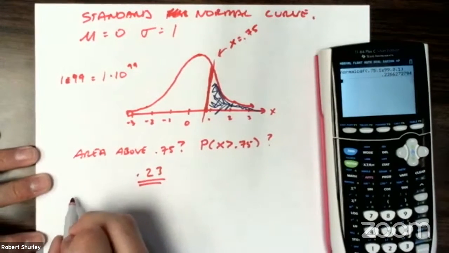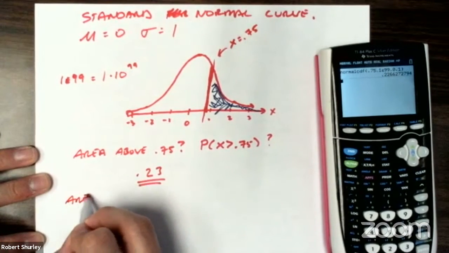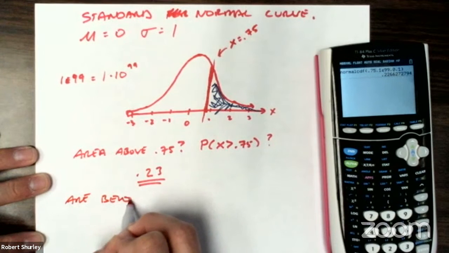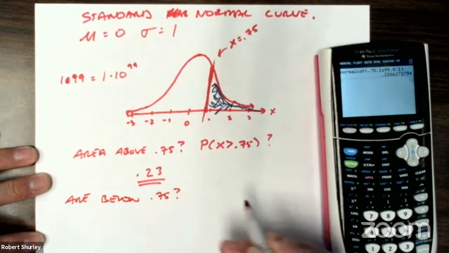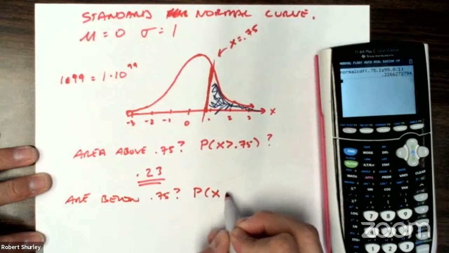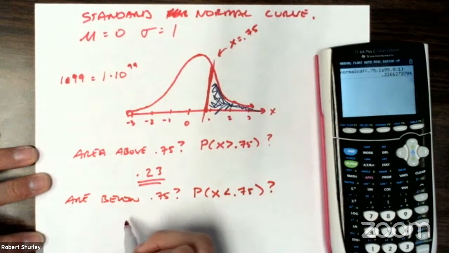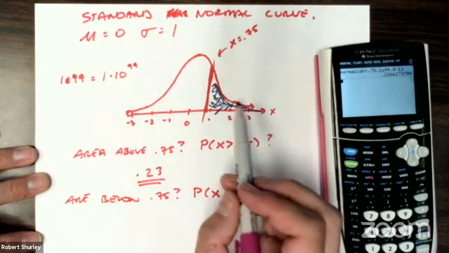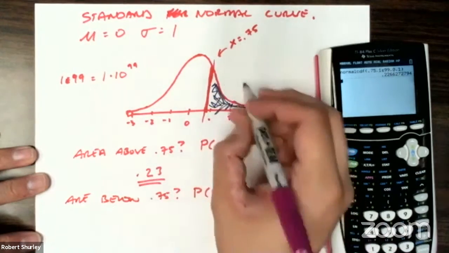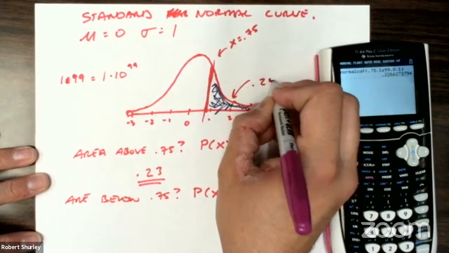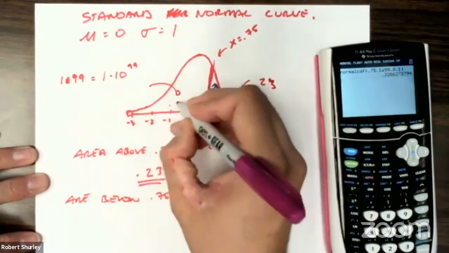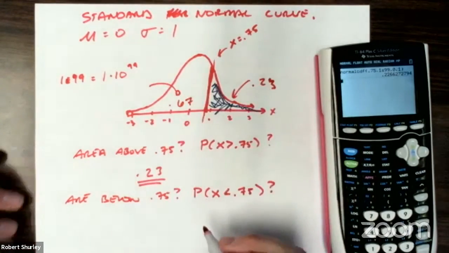Now what's nice is you can subtract to do the area below. So again, this would be P(X less than 0.75). Remember, the total is all 1. So if this is 0.23, then this would have to be 0.67, right? Is that right?